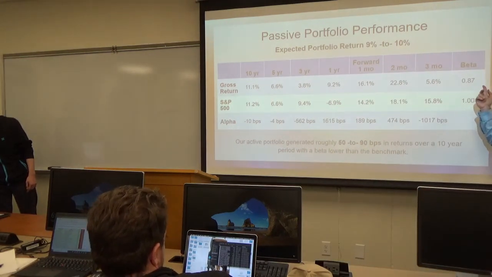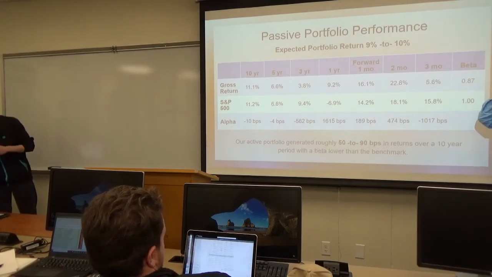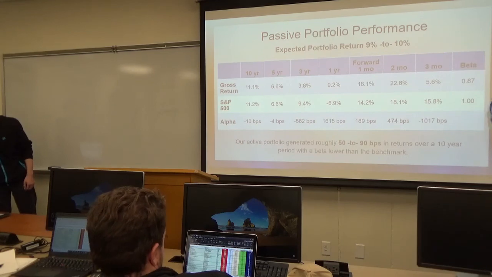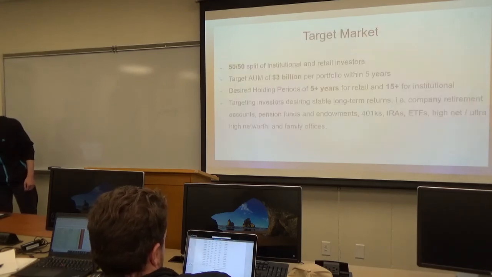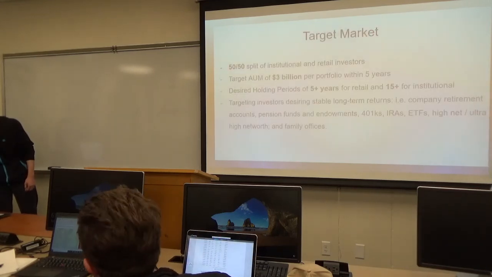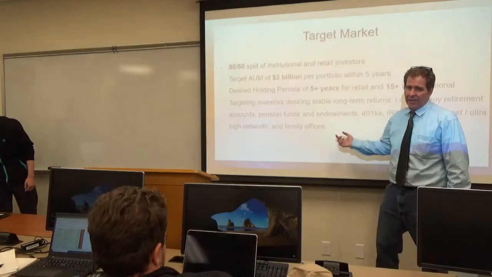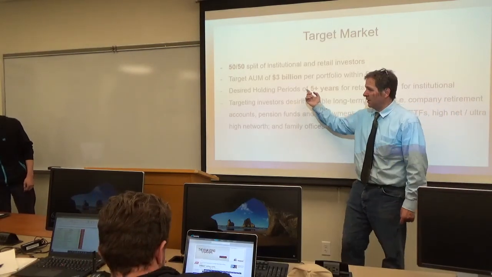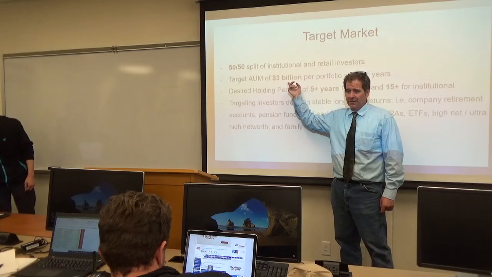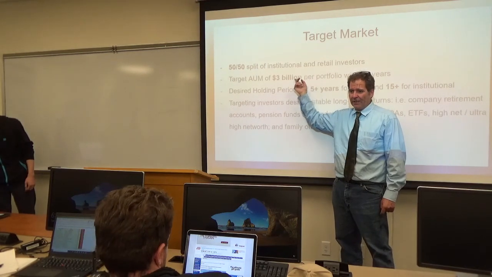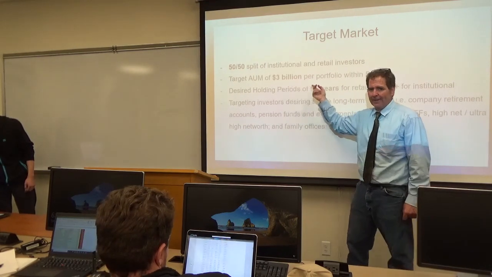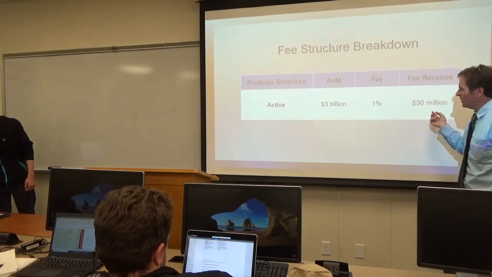So what you need to say is moderate to high risk adjusted rates of return. Oh, sorry. Okay. Next. For a portfolio that doesn't generate alpha over the long run, you're not going to be able to generate $3 billion. Okay. So you're going to have to take that down. Okay. Go to the next.